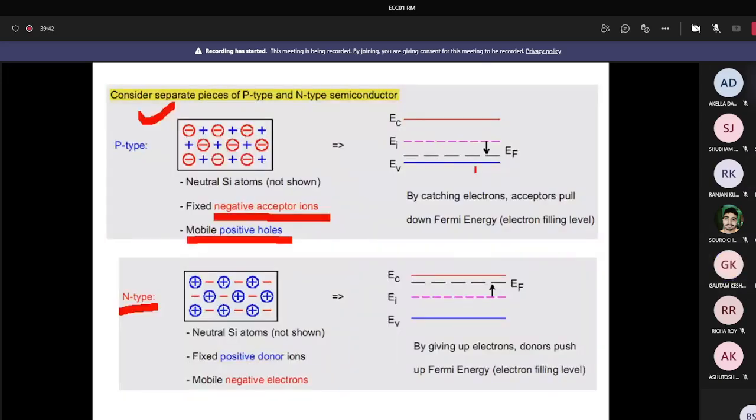This is the intrinsic level. If the Fermi level is close to the valence band, holes are the majority carriers, and if it is close to the conduction band, electrons are. When doping or carrier concentration increases, the probability of finding electrons or holes increases, so the Fermi level moves away from intrinsic.